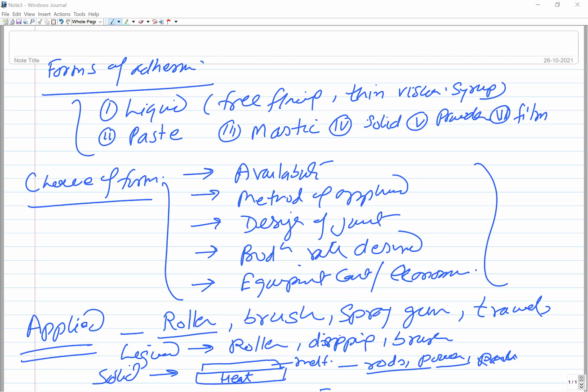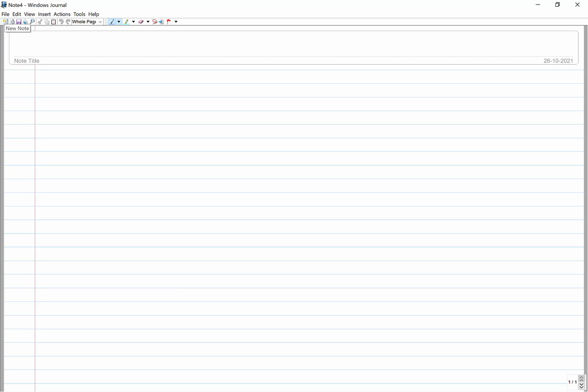Okay, now the choice of the particular compound for adhesive joining purposes depends on the metal to be joined. So adhesive selection: earlier it was form selection, now it is adhesive type selection. This depends on the type of the metal to be joined. Then there is a service requirement.